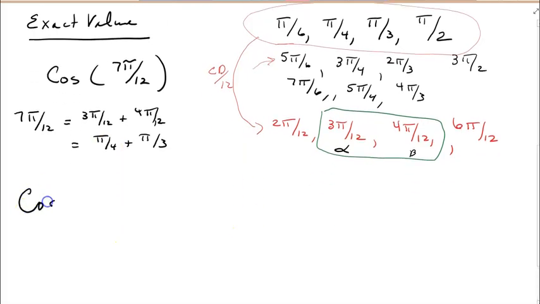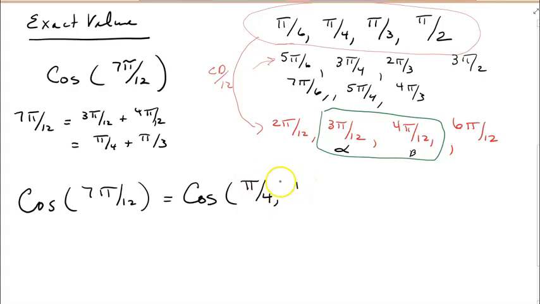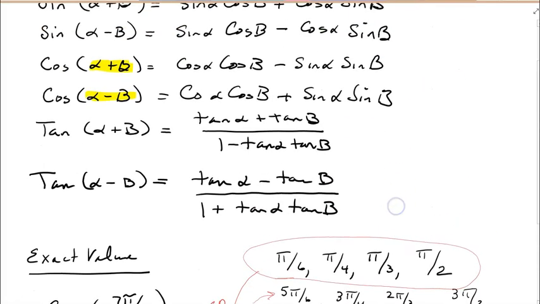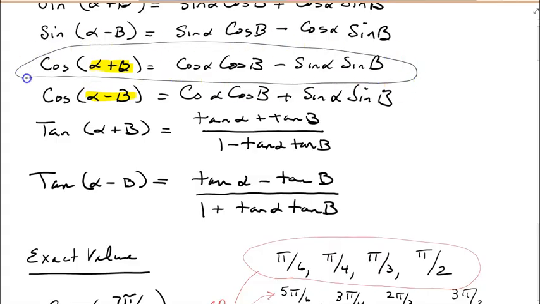So in other words, cosine of 7 pi over 12 becomes cosine of just pi over 4. You want the reduced angle, plus pi over 3. You see that? By doing that, I can now apply, remember that's alpha and that's beta, I can apply this formula right here.